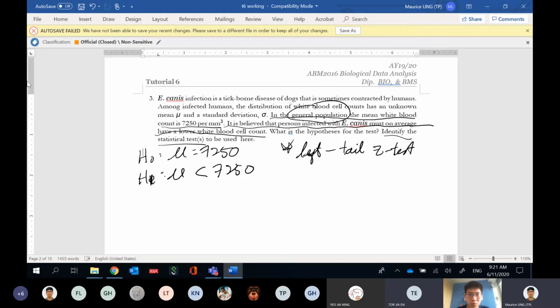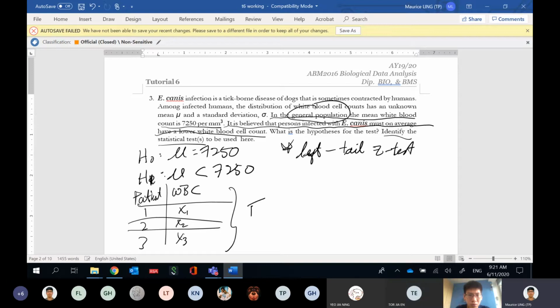You have all the patients: patient 1, patient 2, patient 3 gives you your white blood cell count. So you have numbers here. Can you find out the average white blood cell count? Yes.